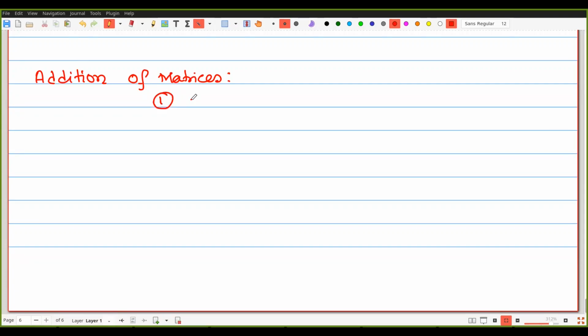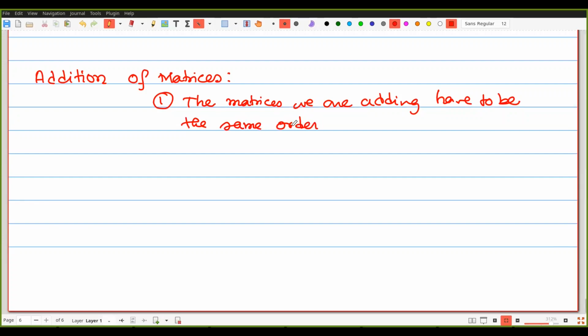Number one, the matrices we are going to add have to be of the same order. Otherwise, addition of matrices fails.